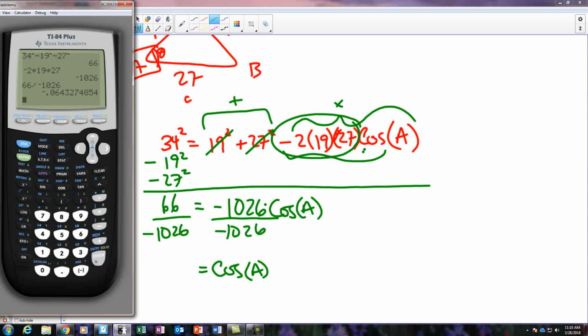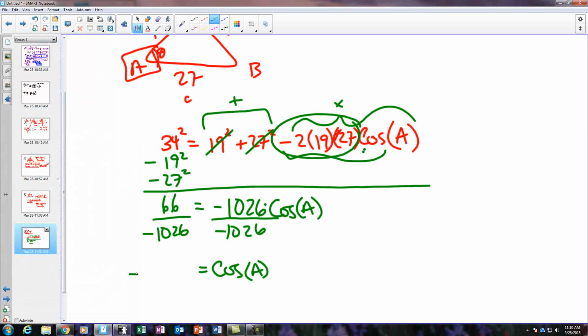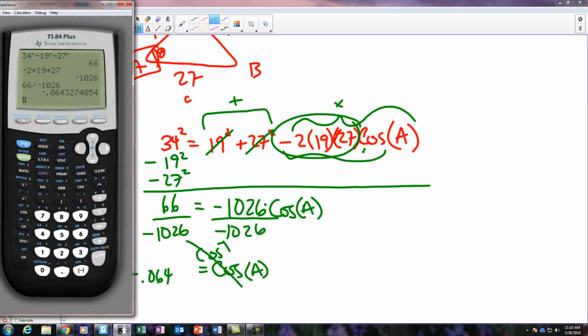Negative 0.064. And to solve for A, I'm going to take a cosine inverse. So capital A in my calculator, second cosine, come up, grab that number, comes out to be 93.7 degrees.